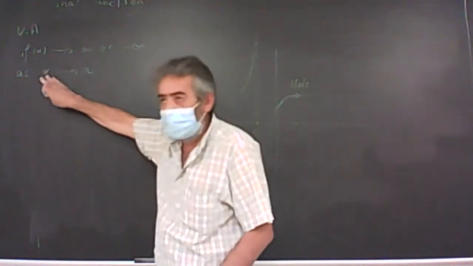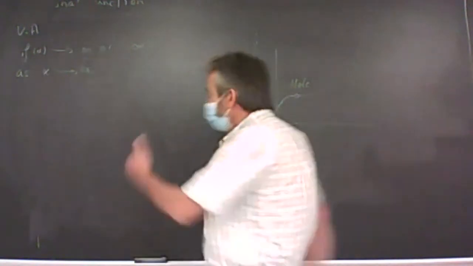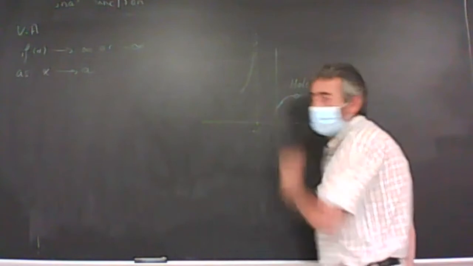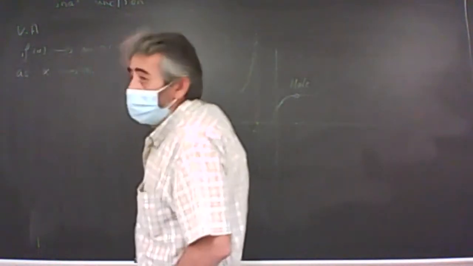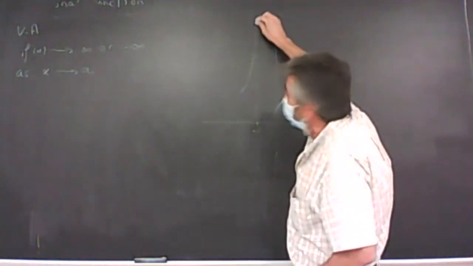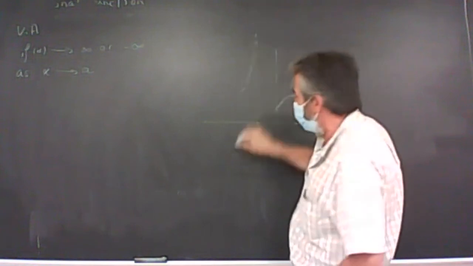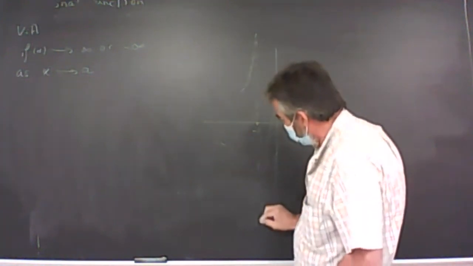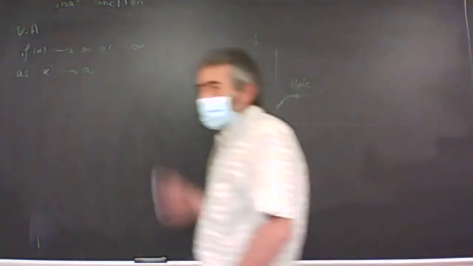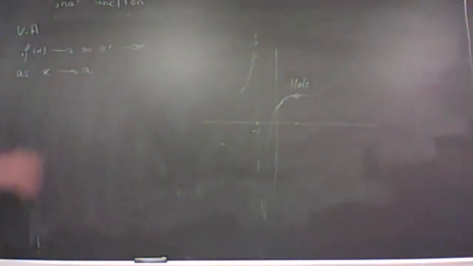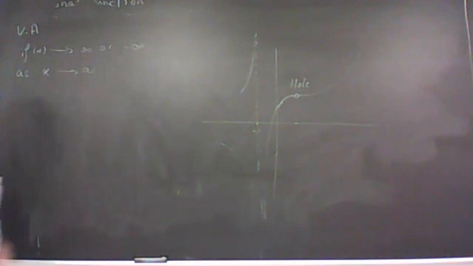That means the x value is getting close to a particular point. We called it a. In this case, it was -1. What happened to the graph itself? The graph either goes up continuously, so it will hit infinity, or it goes down and will hit negative infinity. So if this is an asymptote, f of x is going to either infinity or negative infinity.